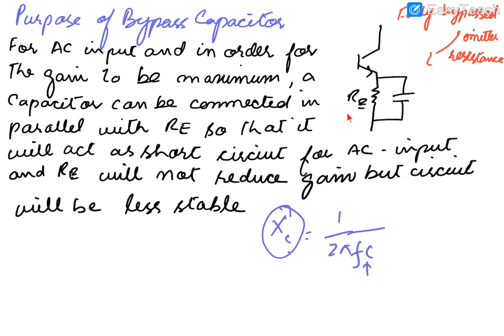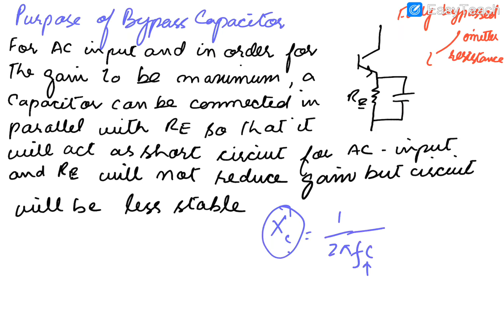The capacitor acts as a short circuit for AC input. For AC, if the frequency is high, XC will be much smaller and the capacitor will act as a short circuit. So it will be like there is no emitter resistance for AC input, and in this case the gain will be maximum, but the circuit will be less stable.